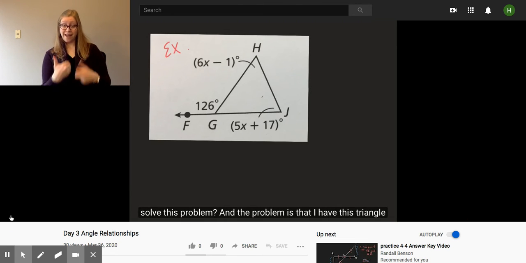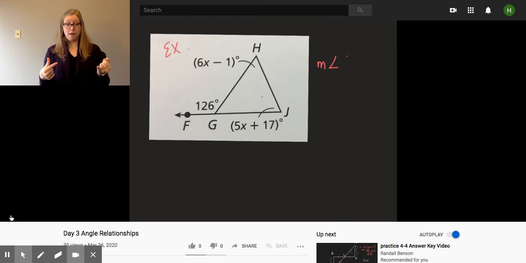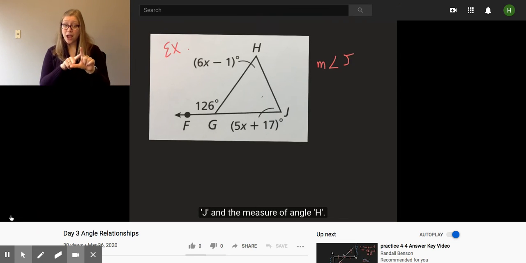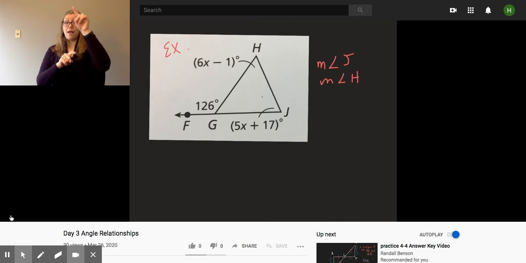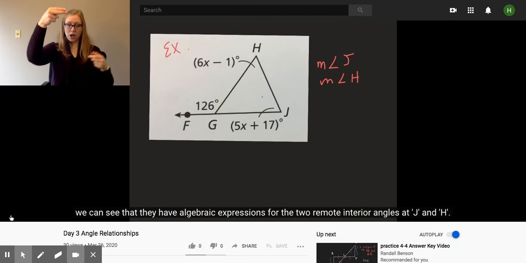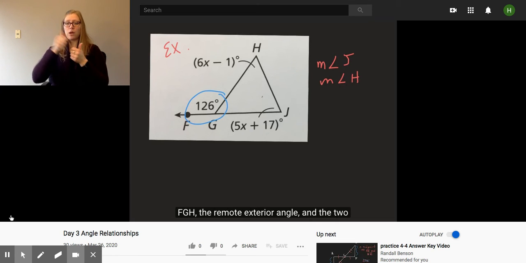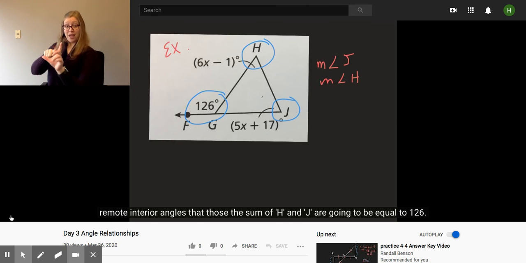I have this triangle GHJ, and I want to find the measure of angle J and the measure of angle H. We can see that they have algebraic expressions for the two remote interior angles at J and H. But I know by the remote exterior angle theorem that if I take the measure of angle FGH, the remote exterior angle, the sum of the remote interior angles H and J is going to be equal to 126.